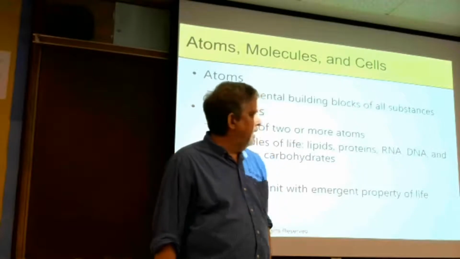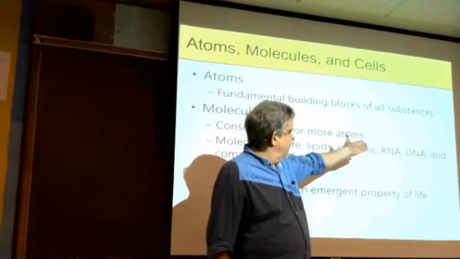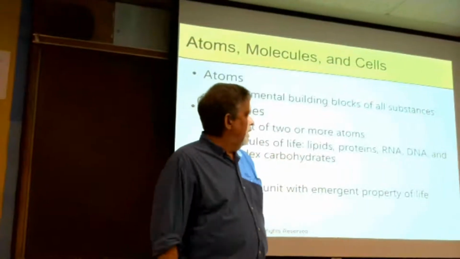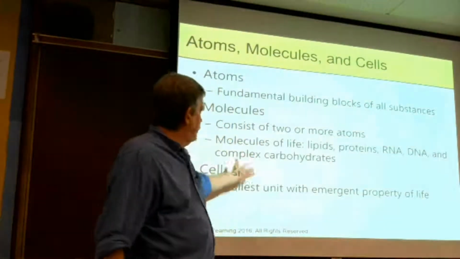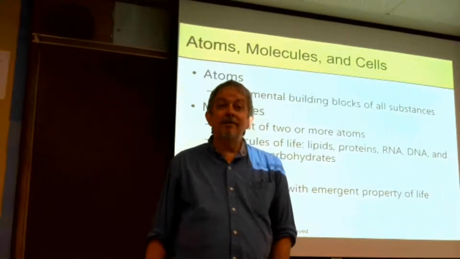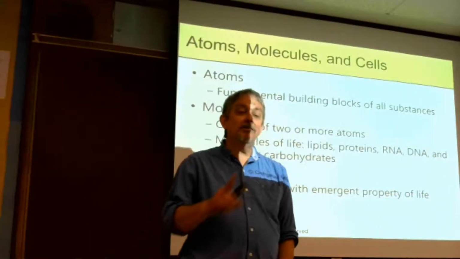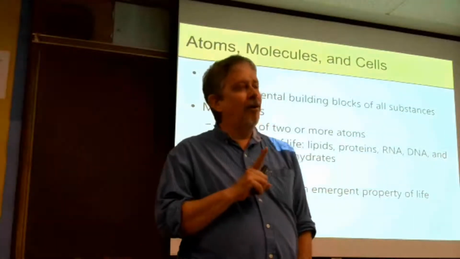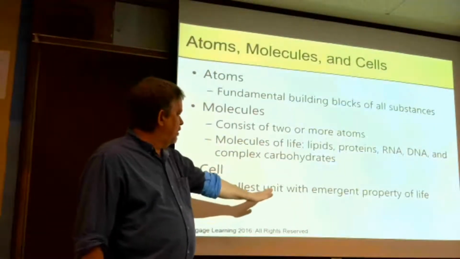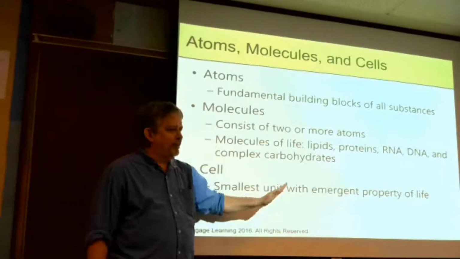RNA, which is the messenger. DNA is the blueprint of our bodies, and complex carbohydrates, starches, simple carbohydrates, sugar. We're going to discover that sugars are all important in biology. And the cell is the smallest unit with the emergent property of life.